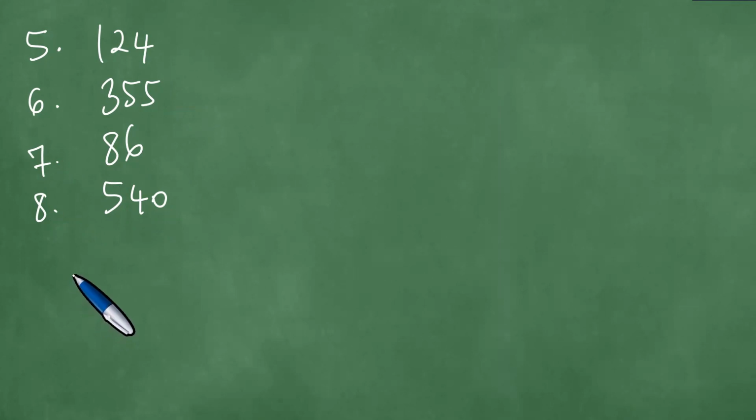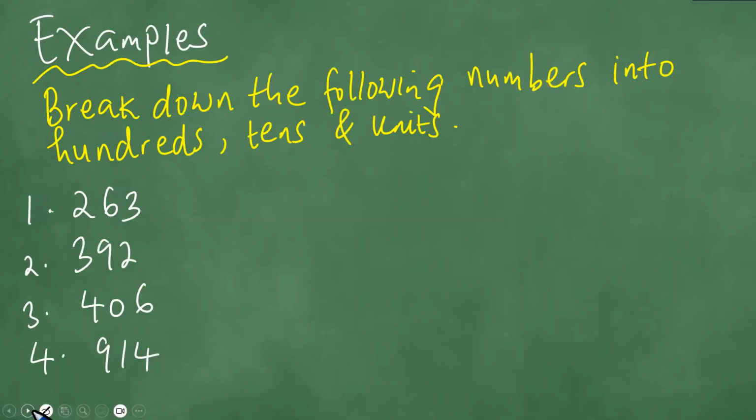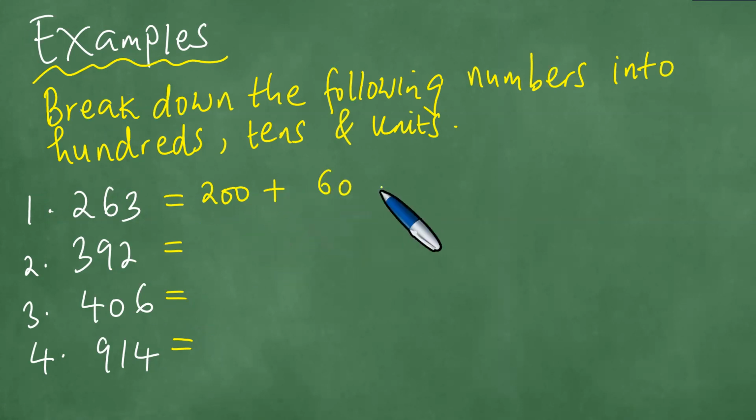So we continue. Right. So at this point, we're saying break down the following numbers into hundreds, tens, and units. So we have the following. So this will be 200, and then you add 60, and then you add 3 to it.